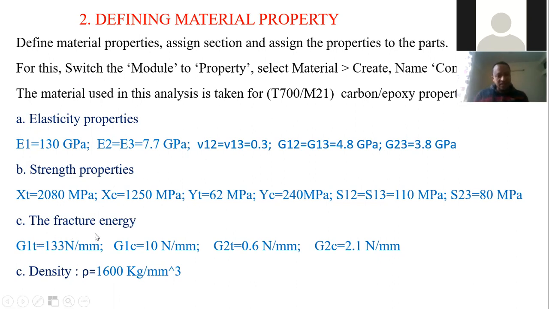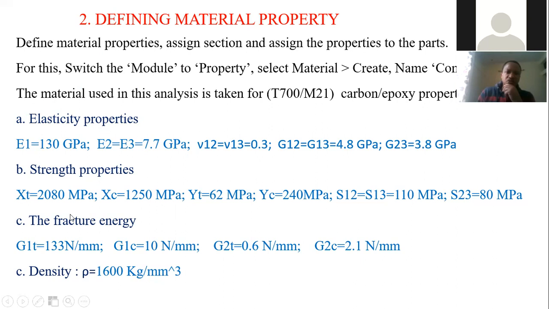And also the fracture energy and other properties, like the interface properties, are not included in this lecture. Whenever we consider the delamination problem, the interface property will also be added.